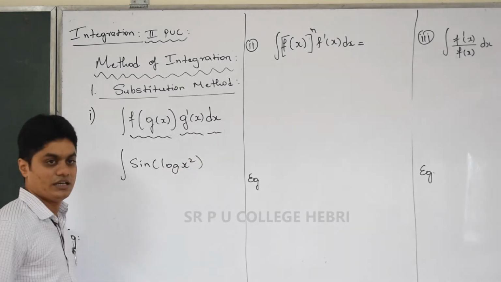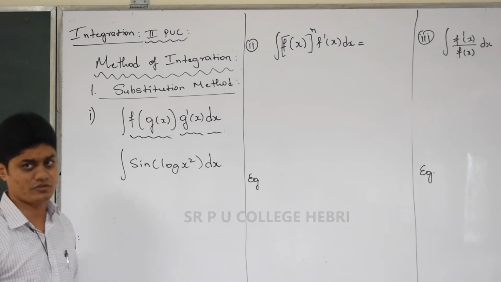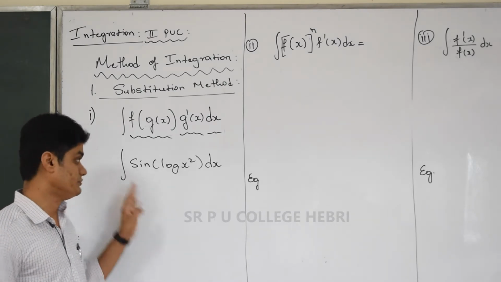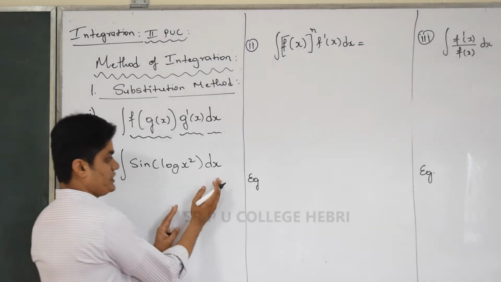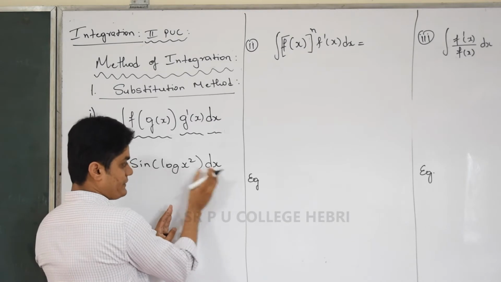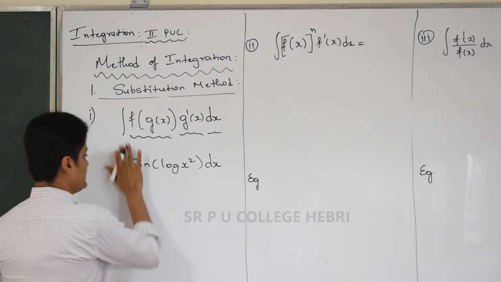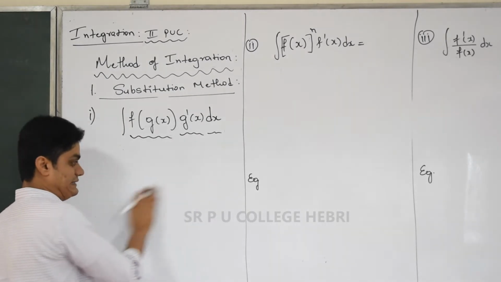This is definitely not possible. Remember, maybe there is some method, but for your level we say this integration is not possible because we don't have any other function along with it which gives the differentiation of the inside function. Please remember that. Why? Outside we don't have the derivative of the inside function.